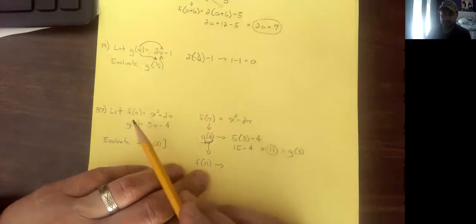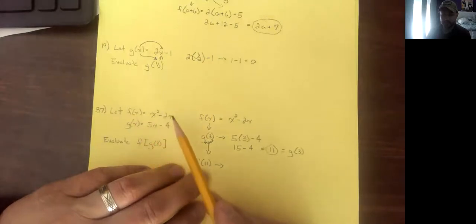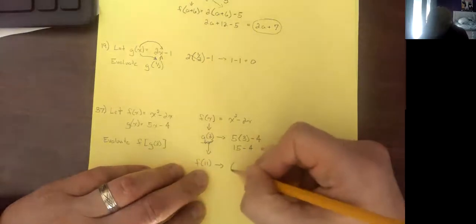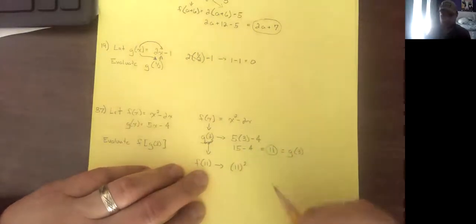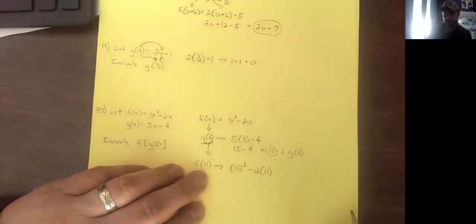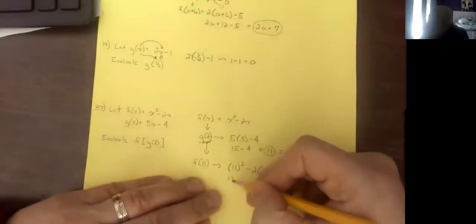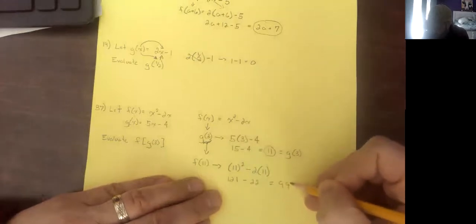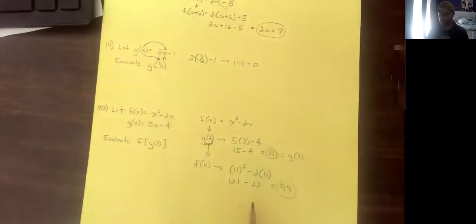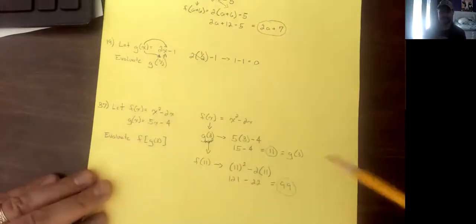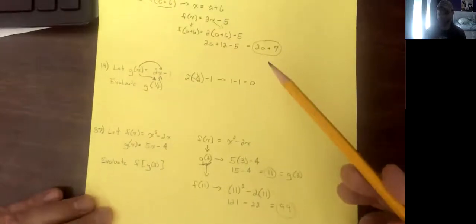So now I go back to my f of x, x squared minus 2x. Everywhere I see an x, it's an 11. So instead of x squared, I have 11 squared, minus 2 times, instead of x, I have 11. So I have 121 minus 22. This one actually worked out, because I had numbers to deal with, so it worked out to a solid whole number, not a variable like the top one.